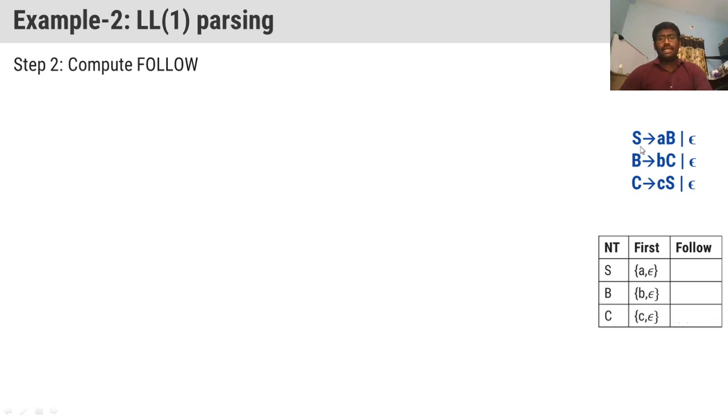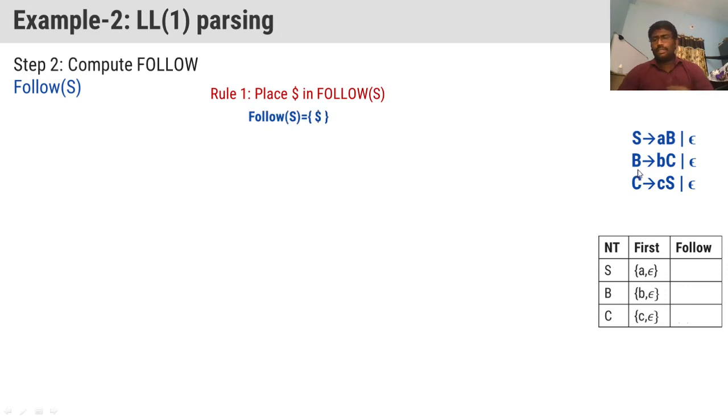First we will find the follow sets of the non-terminal S. Since S is the start symbol, I told you that you need to add dollar to the follow set of S. So we simply add dollar to the follow of S.